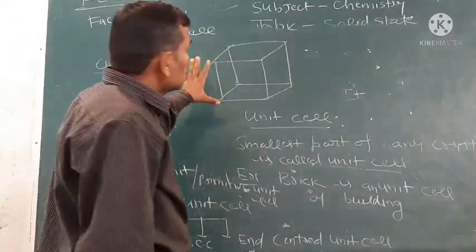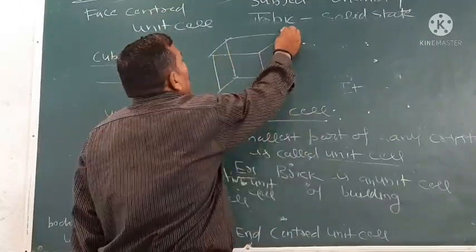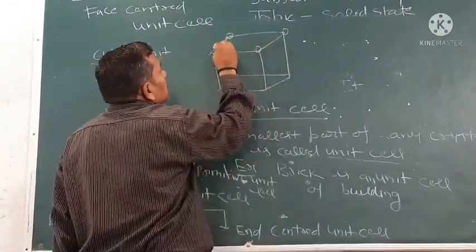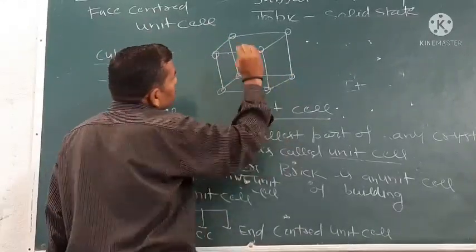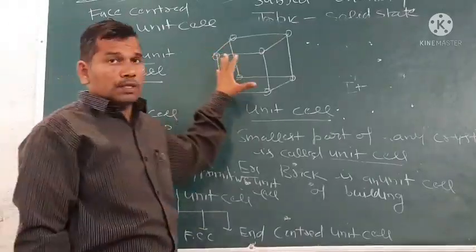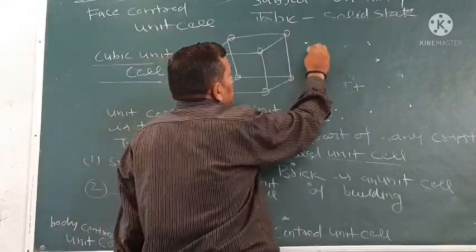Unit cells are of two types. In the primitive unit cell, all the atoms acquire the corners of the cube, and it is called a simple unit cell.